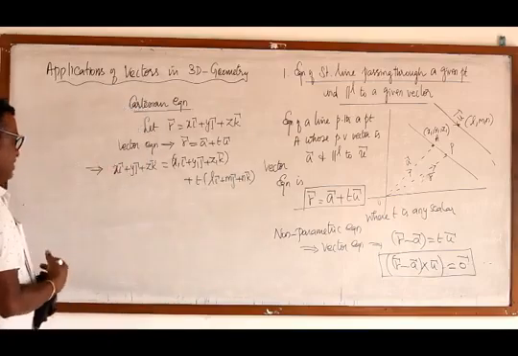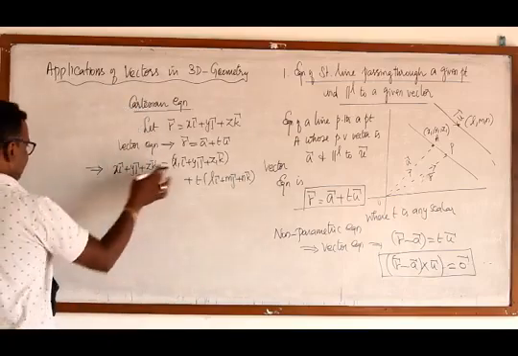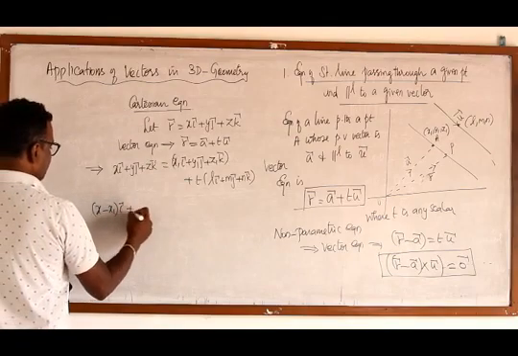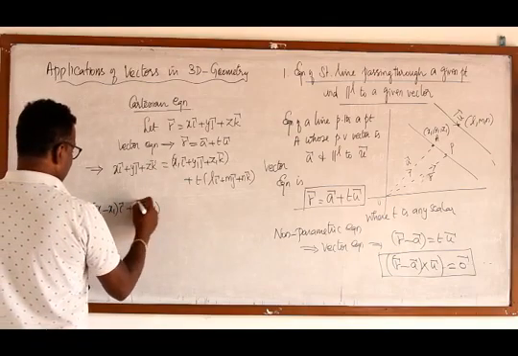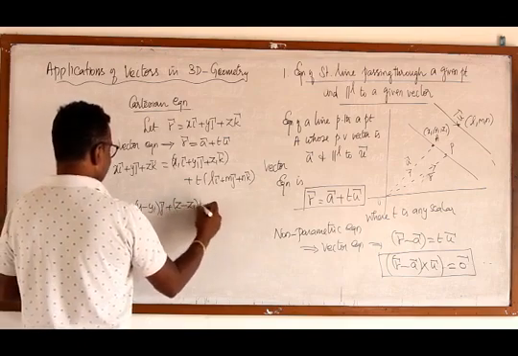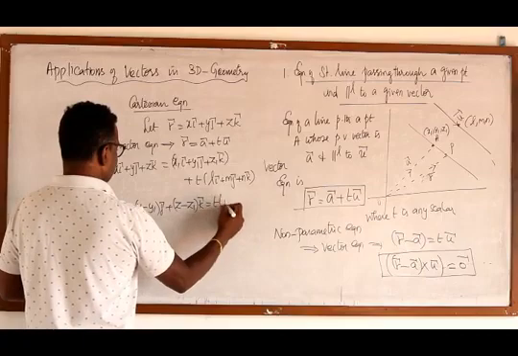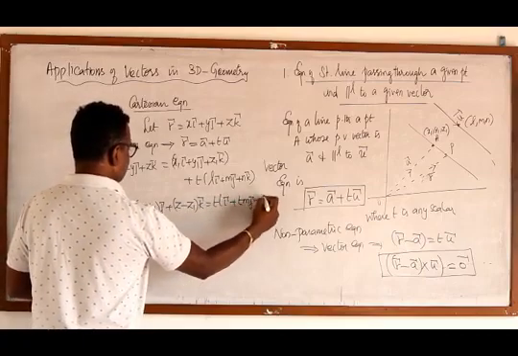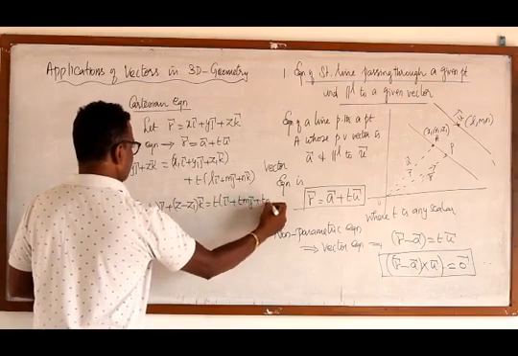Then on simplification, if I bring this to this side, it is x minus x1 into i, y minus y1 into j, z minus z1 into k equal to tl i, tm j, tn k, multiplying the scalar t also.